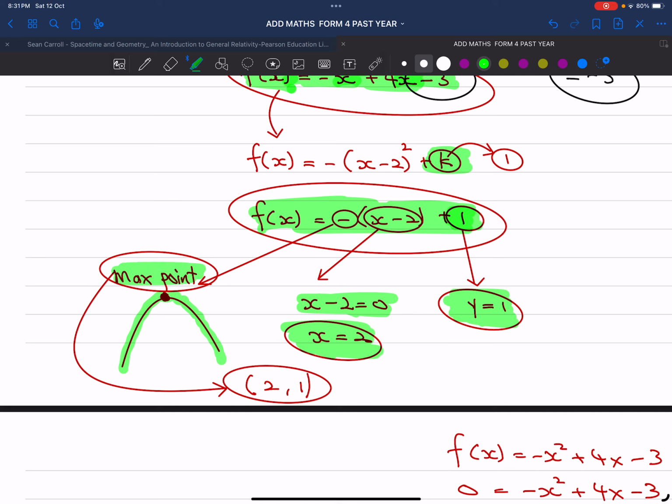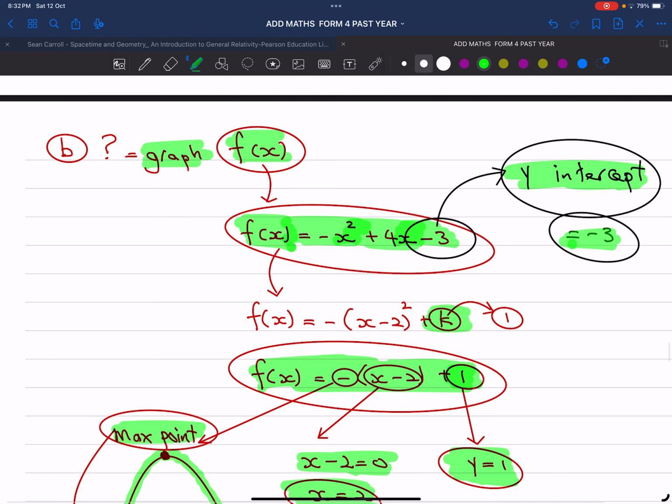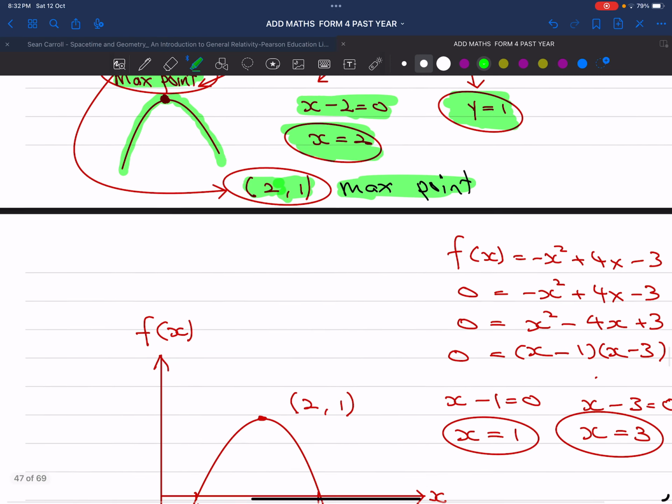And the coordinate of this maximum point was x is 2 and y is 1. I got it from here, x2, y1. So we have already got the maximum point, and we also have previously the y-intercept negative 3. So now we can draw the graph.